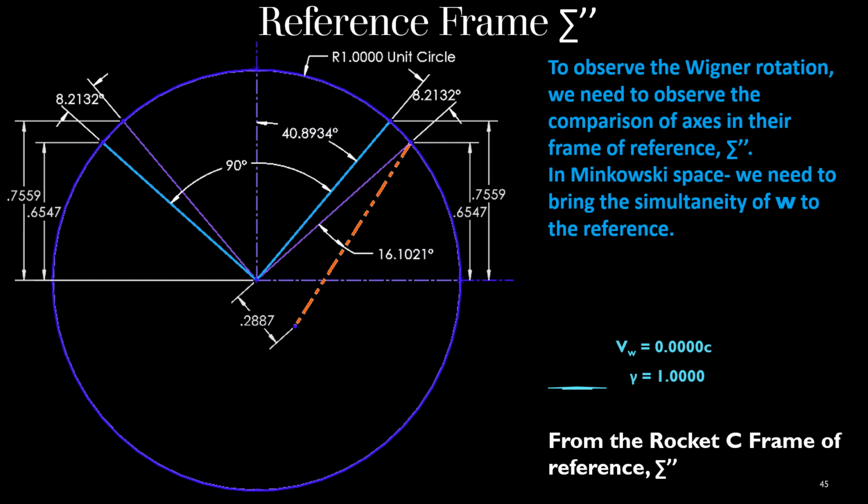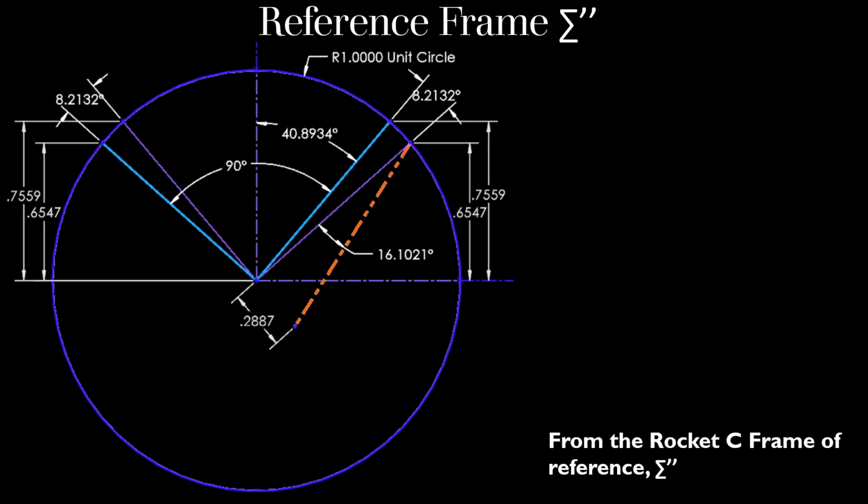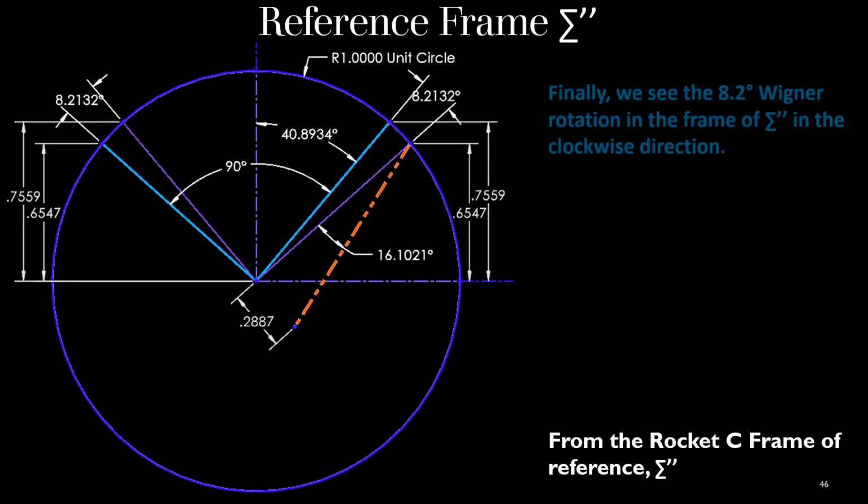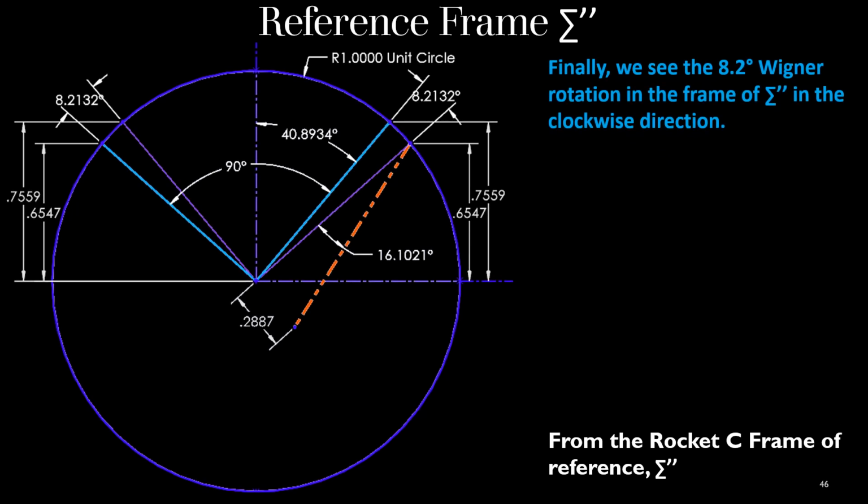If the rest observer is boosted from the Earth frame sigma along W to the sigma double prime frame, the correct rotation becomes evident. Finally, we see the 8.21 degree Wigner rotation in the frame of sigma double prime, in the clockwise direction.